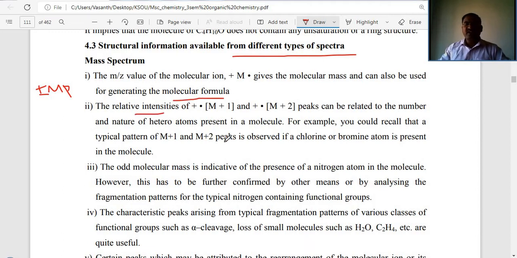The relative intensities of M plus 1 peaks can be related to the number and nature of heteroatoms present in a molecule. For example, typical patterns of M plus 1 and M plus 2 peaks are observed if a chlorine or bromine atom is present in the molecule.